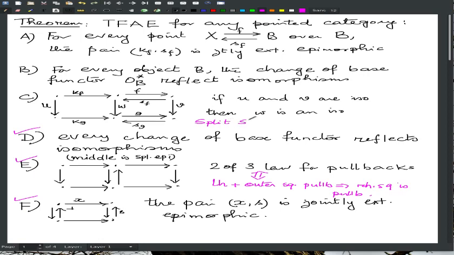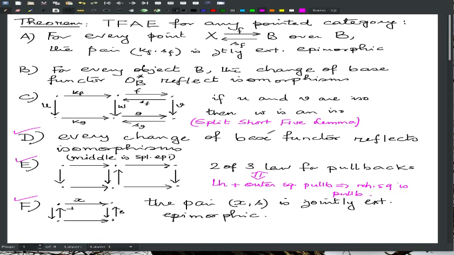So we use this to mean that the short 5 lemma is actually restricted to the category of points. Okay.